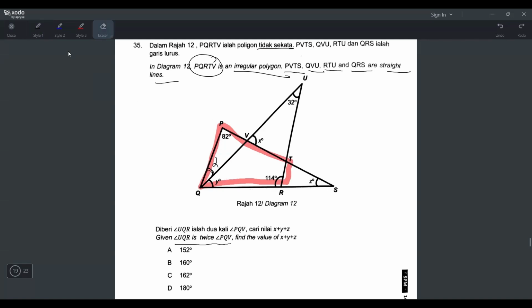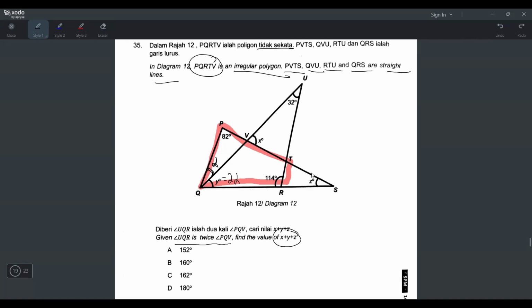So what is my angle Y? 2 times alpha, because here they tell us UQR is twice PQV. You can use any other letter, even K, but don't use X, Y, Z because those are already used. So I use alpha, and this is 2 times alpha. And then they say find the value of X plus Y plus Z.